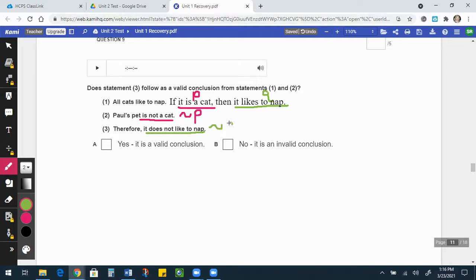That would be negated Q. All right, so it went if P, then Q, negated P, therefore negated Q. Check to see, does this match any of the laws? That does not match any of our laws, so this is an invalid conclusion to say, therefore, it does not like to nap.